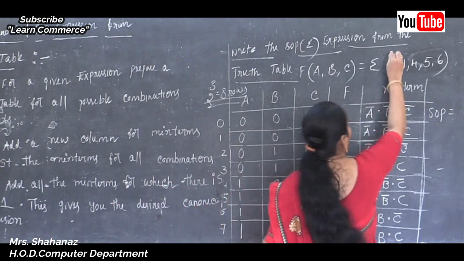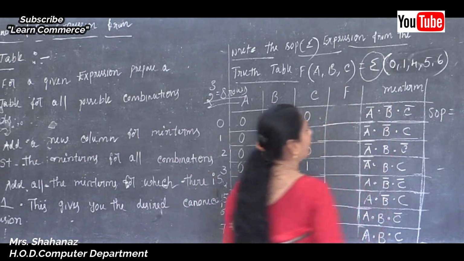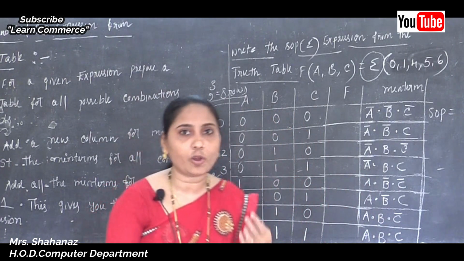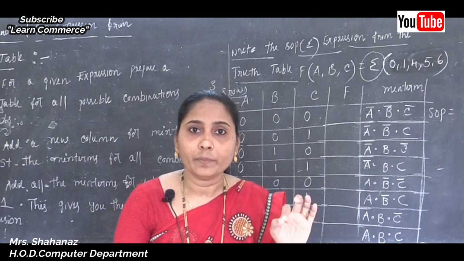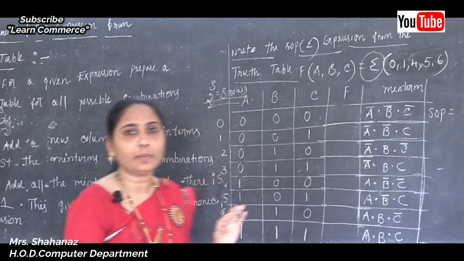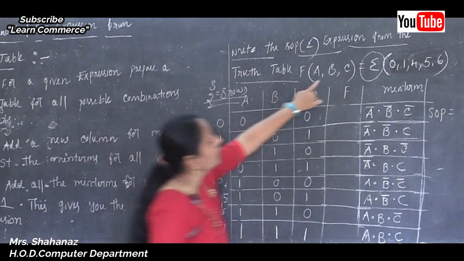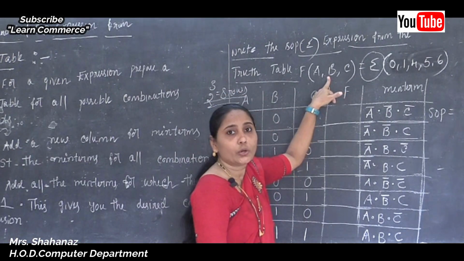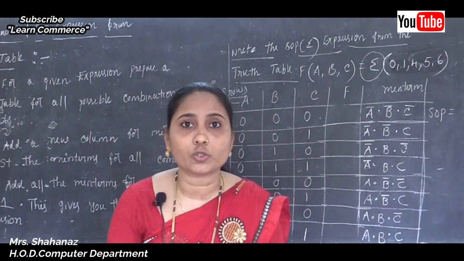The symbol of the min term is sigma m, small letter m, which is called the SOP symbol. Here 3 variables are there, so 2 to the power of 3 is equal to 8 rows.